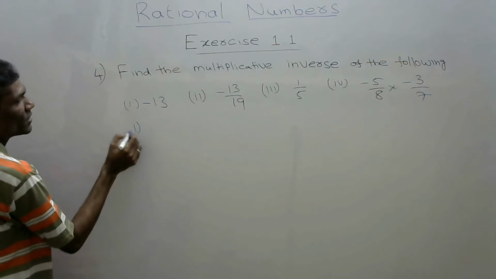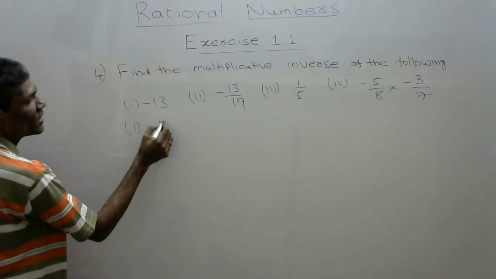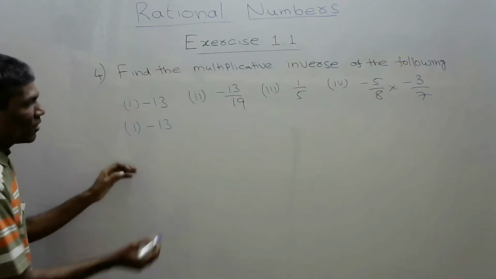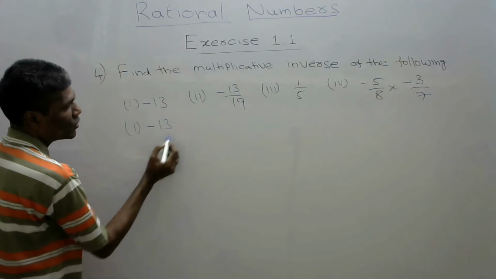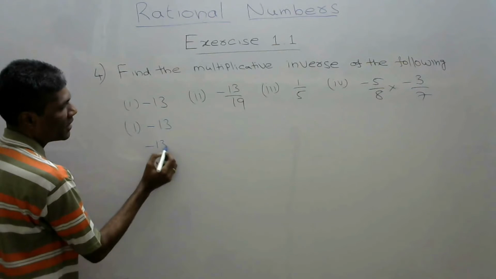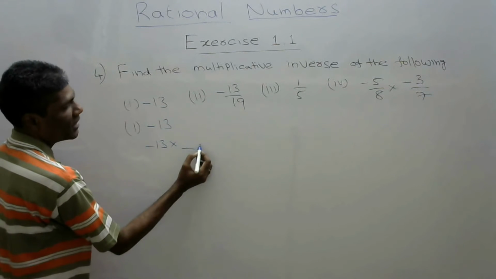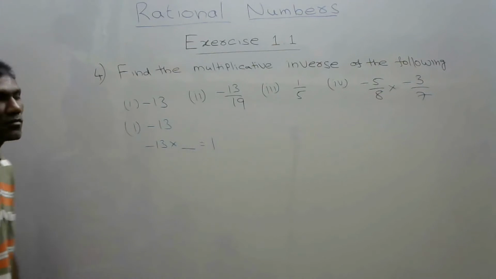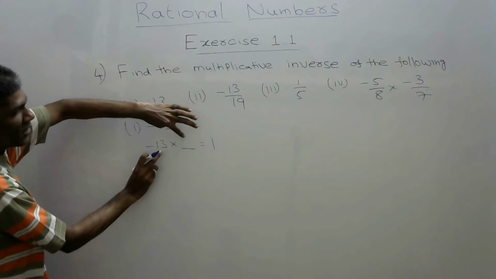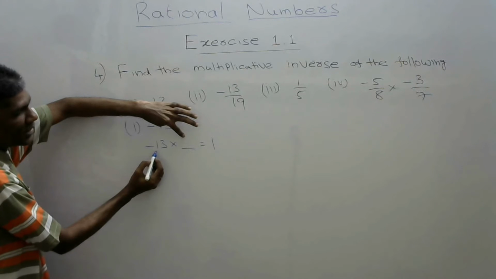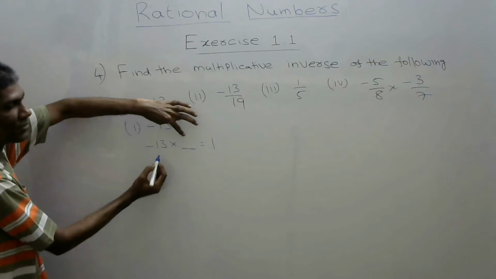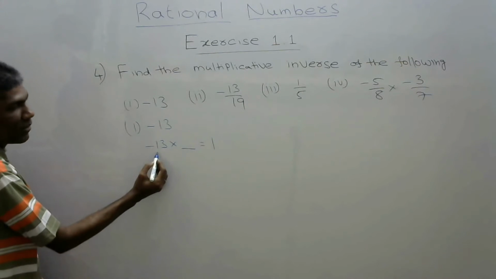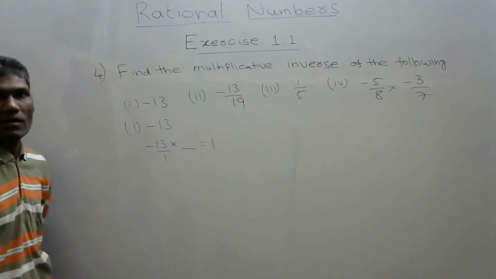First question is given as minus 13. So, with what number should we multiply such that it should be 1? That is the question. Here it is minus 13, but it is nothing but minus 13 by 1.